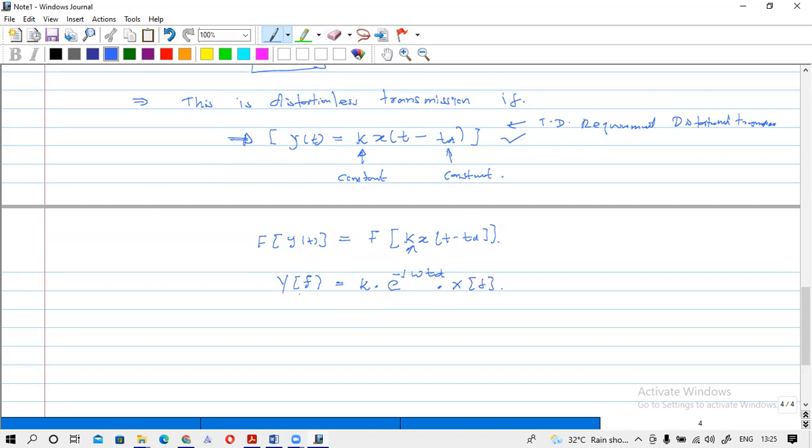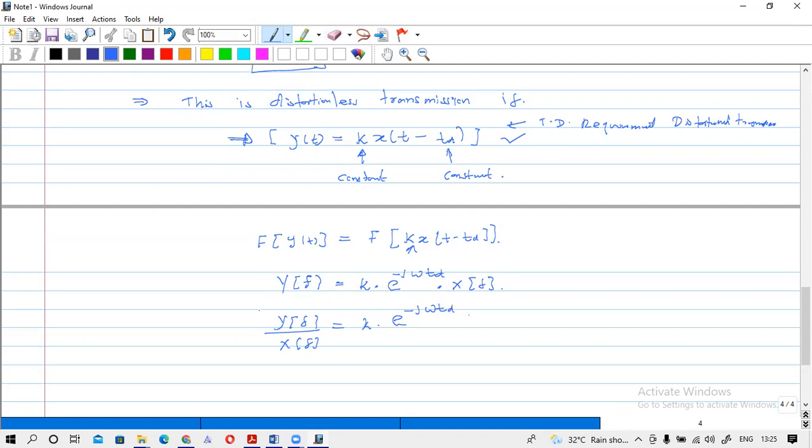If I divide both sides by X(f), you get Y(f) over X(f) equal to K e to the power minus j omega Td.